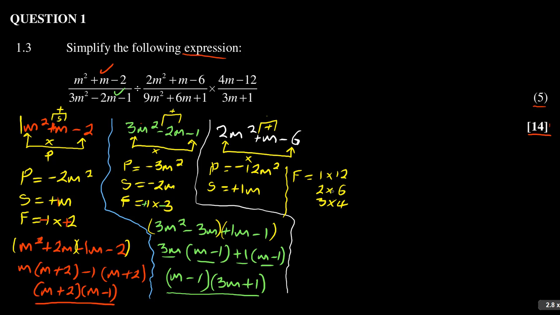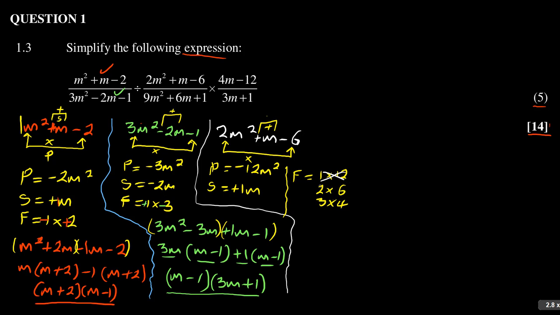So it means any of these pairs will always give me a negative 12 when provided one of them is negative. But the decider is always the sum. I must get a positive 1. So you can see that in these, the first one will not give me a 1, because 1 and 12 cannot give me a sum of 1.